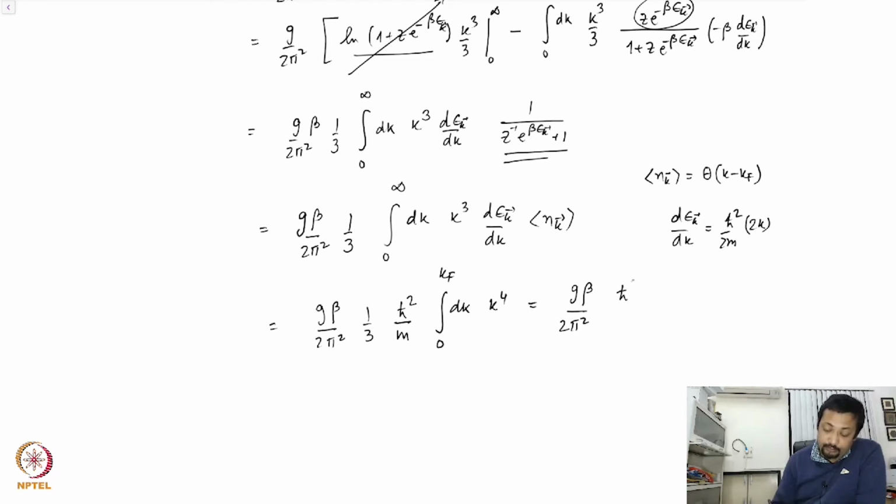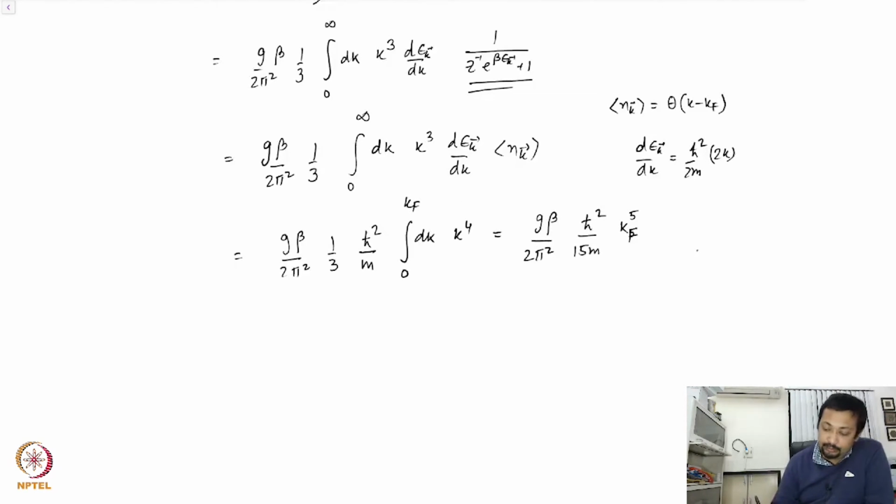I'm going to have h bar squared over 15m times k_F to the power 5. And now k_F is (6 pi squared n over g) raised to the power 1/3. So that I have g beta over twice pi squared, h bar squared over 15m, and then I have (6 pi squared n over g) raised to the power 5/3.